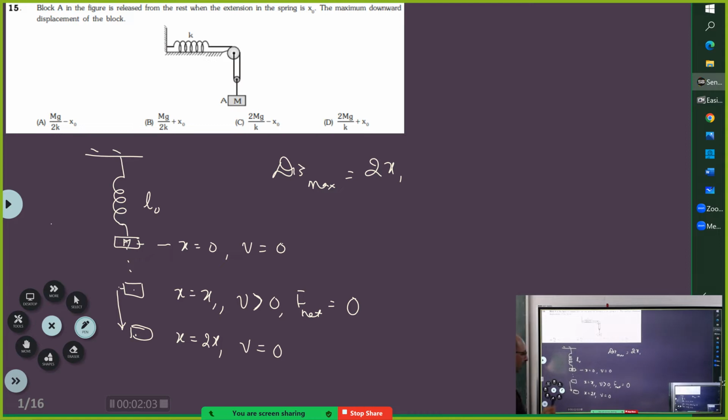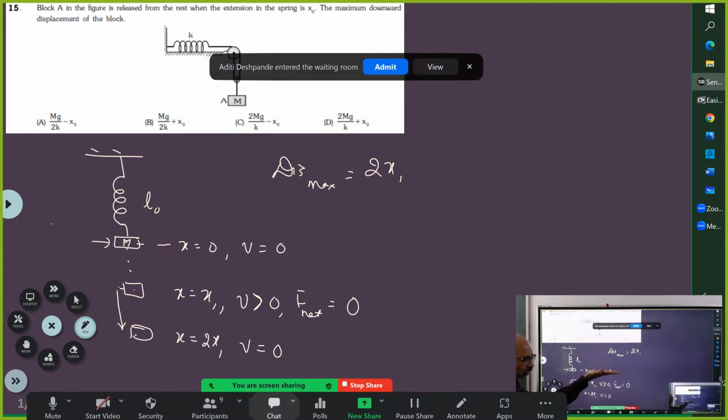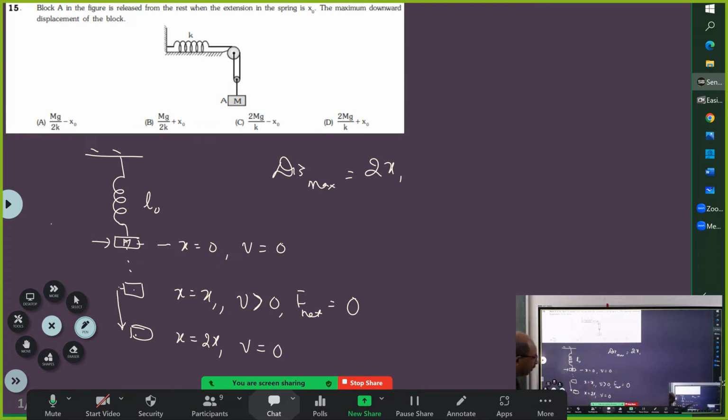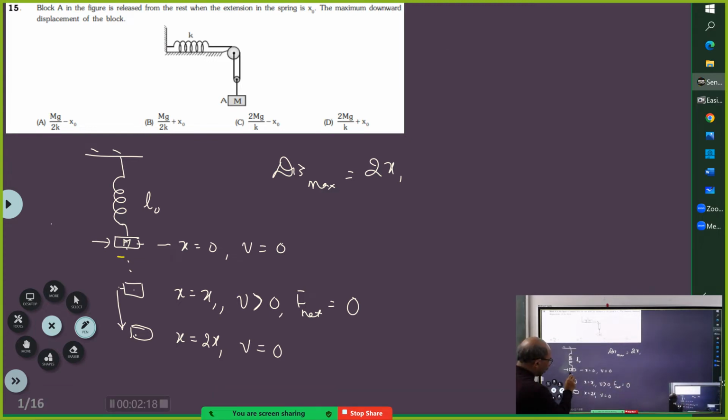Now, supposing I have this initial position, and then I slowly bring it down to this new position, x equal to say x naught by 2. I bring it in my hand, and then I release it.